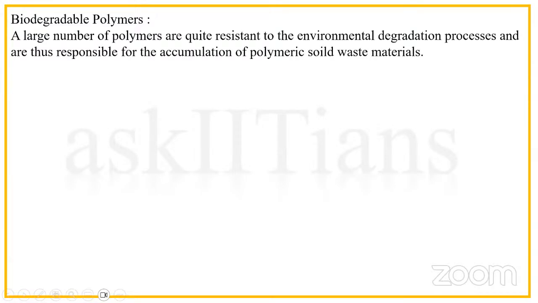Now, we have biodegradable polymers as well. Biodegradable polymers are those polymers which, when they come into contact with nature, degrade eventually. A large number of polymers are quite resistant to environmental degradation processes and are thus responsible for the accumulation of polymeric solid waste material.